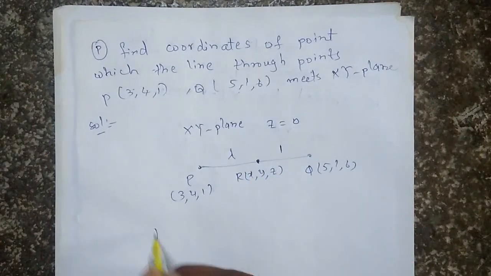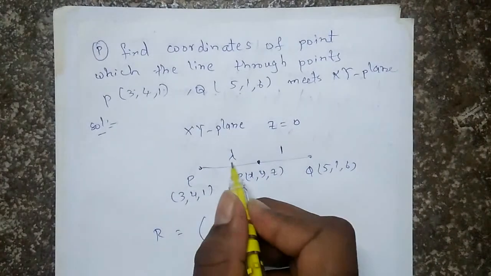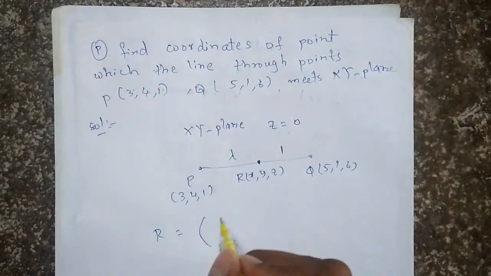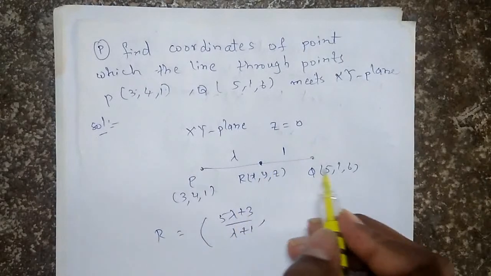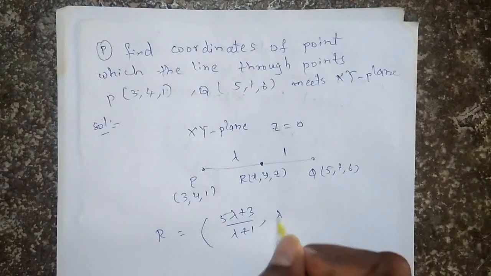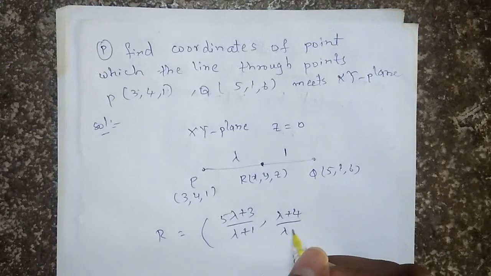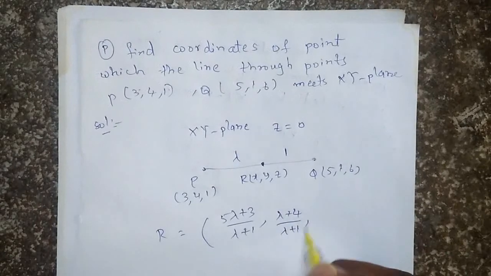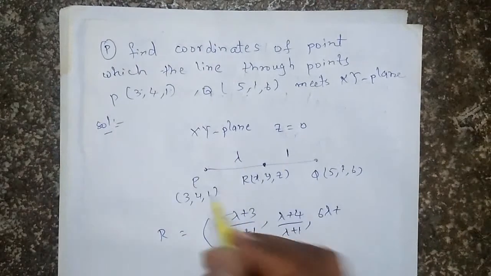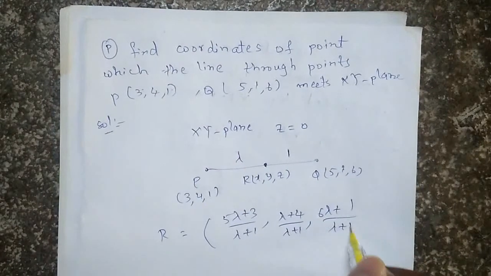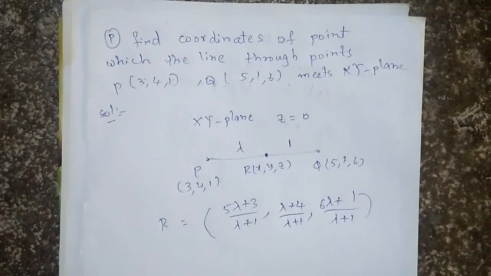Now R is equal to, apply the section formula here, 5 lambda plus 3 by lambda plus 1, next lambda plus 4 by lambda plus 1, next 6 lambda plus 1 into 1 by lambda plus 1. This is the section formula I applied.